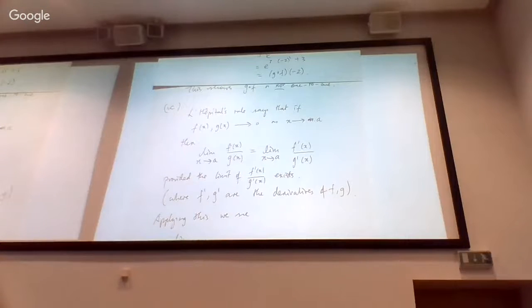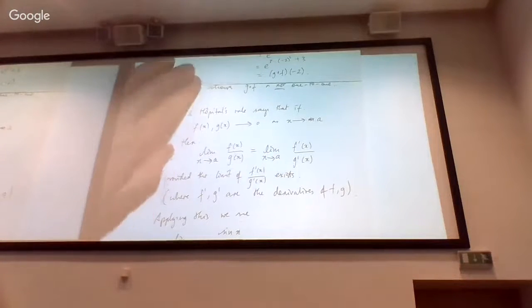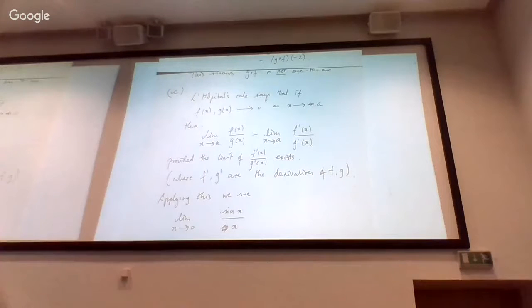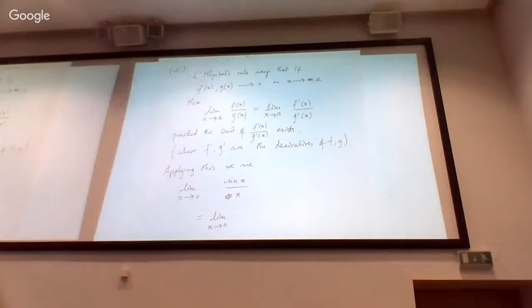We see that the limit as x approaches 0 of sine x over x: both of those functions approach 0. As x approaches 0, the sine of x is getting smaller and smaller, approaching 0, and x is getting smaller and smaller, approaching 0.